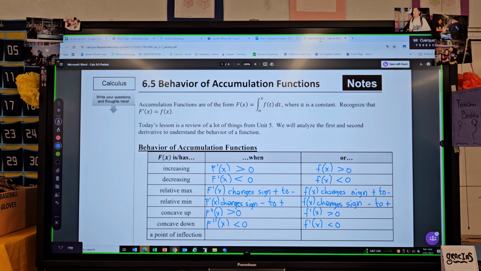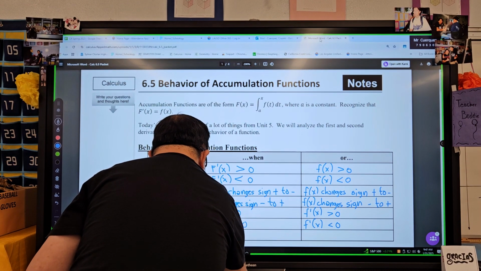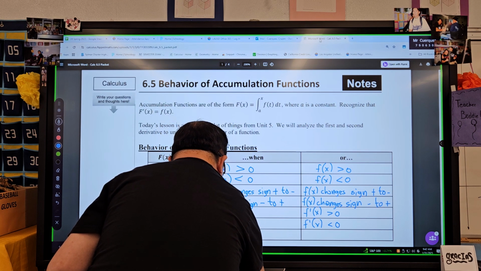Okay, so the point of inflection is similar to relative max or relative min, where the f double prime changes sign. Okay, regardless if the sign is positive or negative, it changes sign. So f double prime of x changes sign.